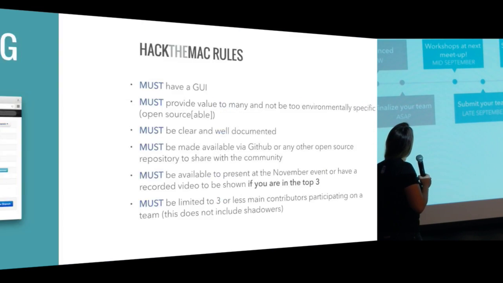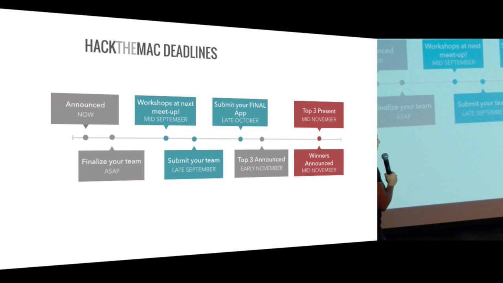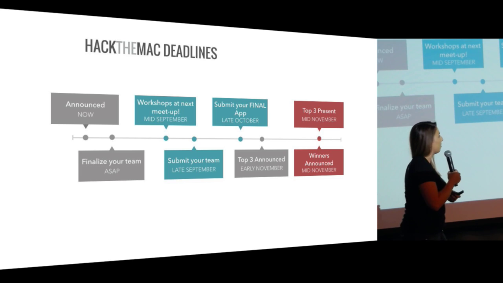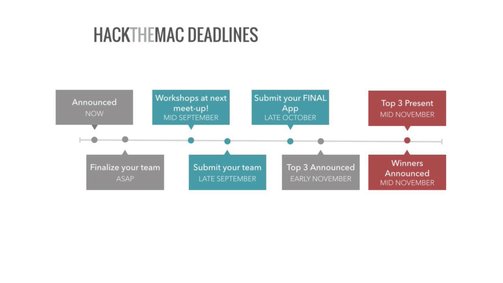So, the deadlines. Come up with a team. Actually, you should probably come up with an idea first for an app, then come up with a team, so do that as soon as possible. The date for the next meetup is still TBD; I'm hoping to get that out soon. Our meetup in September, next month, will have 2 awesome workshops.